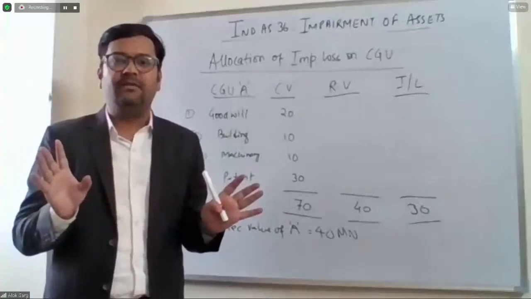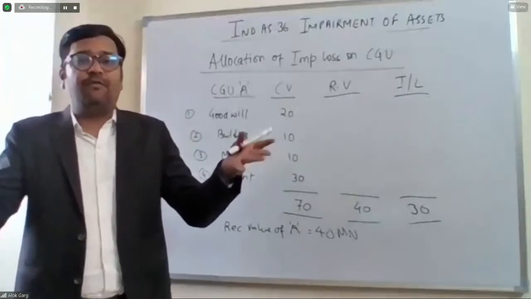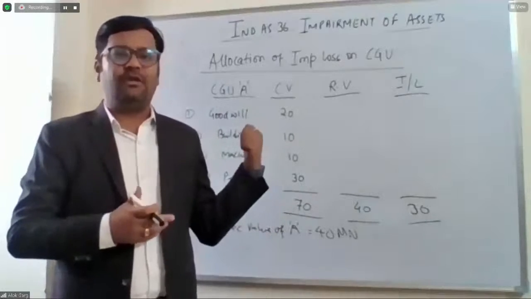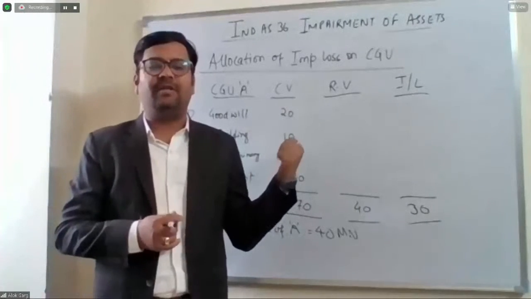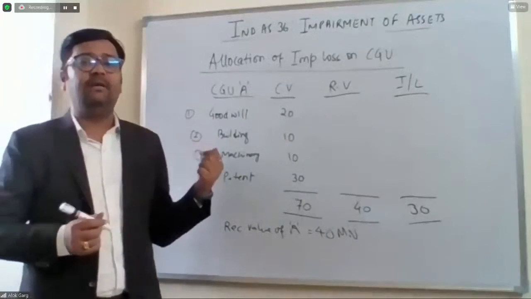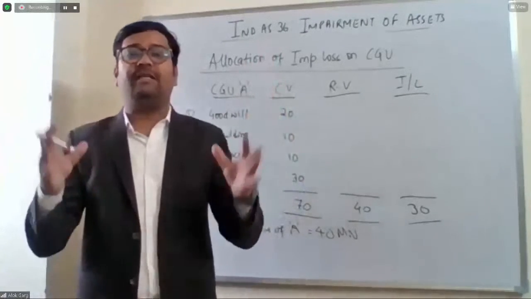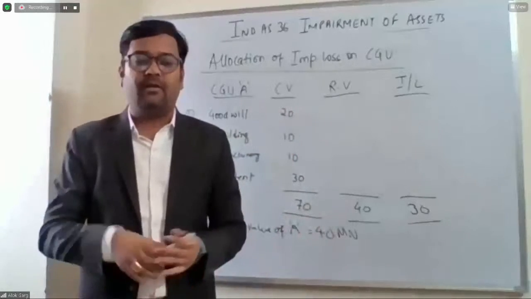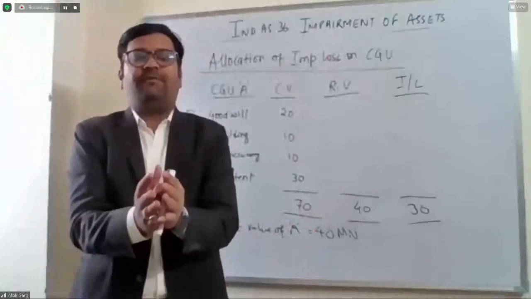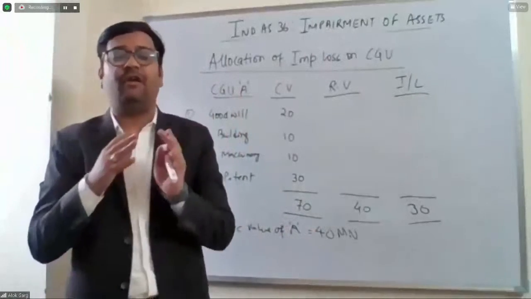Am I right? You are saying that, of course, it has a value in the market. Okay, you are saying this goodwill is not a separable asset. Since it is a purchase goodwill, it is allowed to be recognized. But I am saying that my cash generating unit has a goodwill which is of 20 million, and now the value of my entire group of assets has been falling down.